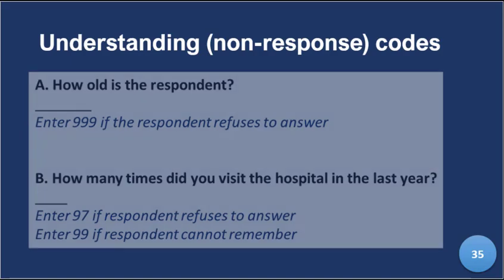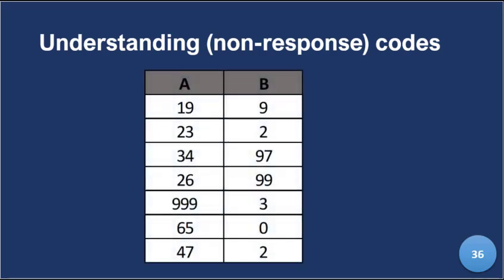Now when you put this in the data, it gives you something like this. Age 19, number of times visited the hospital 9 within the year. The second row is 23 and 2.